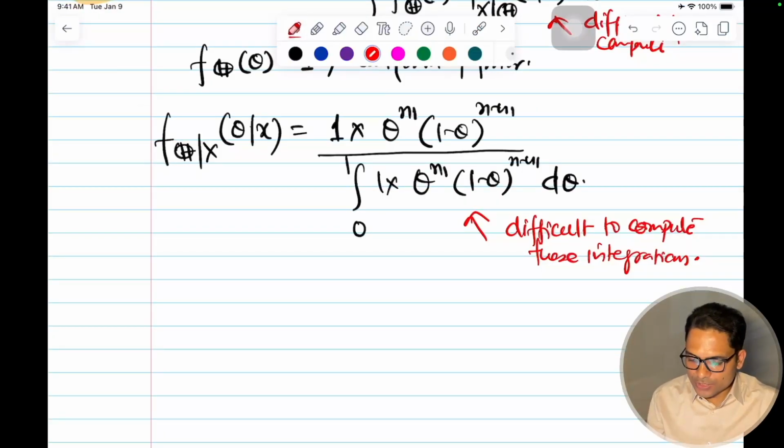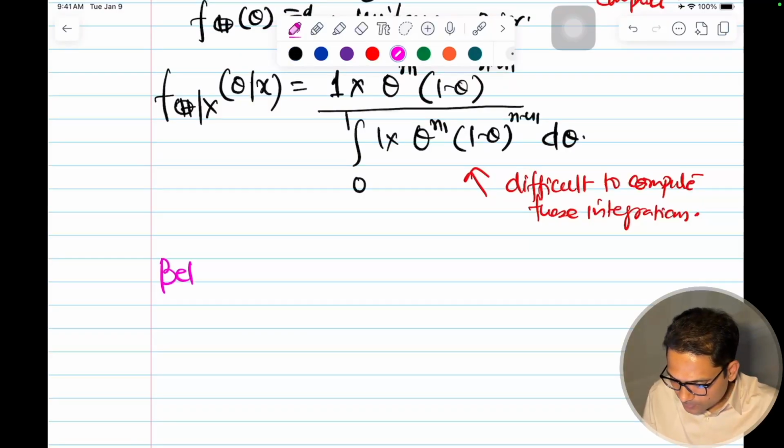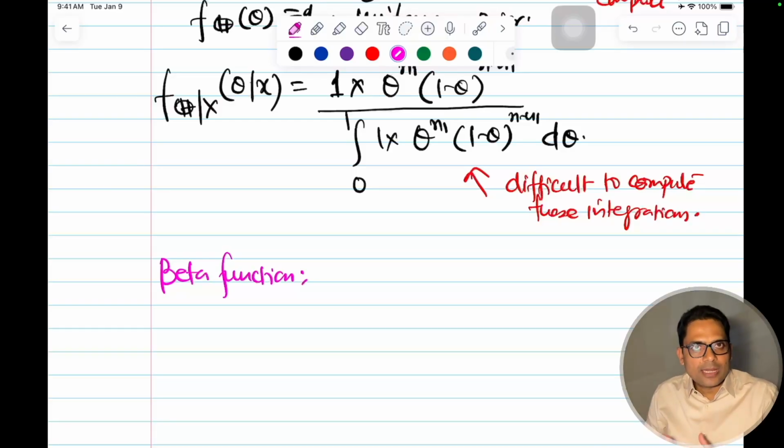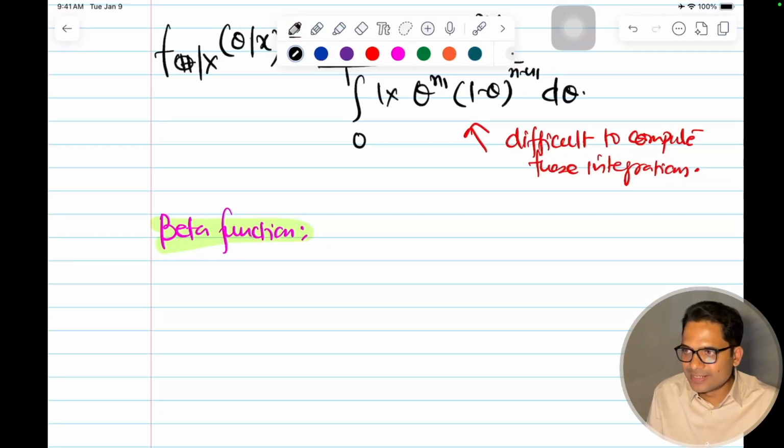There is a known function called the beta function, which is of this shape, which will help me solve this problem. What is the beta function? This is equivalent to this integration, so we'll use it directly here.